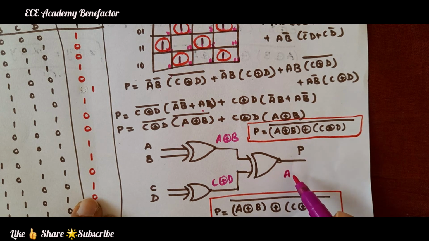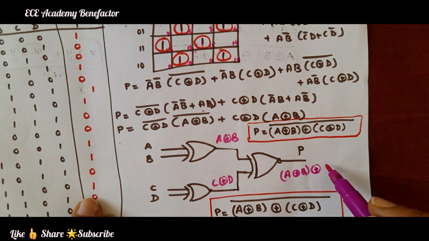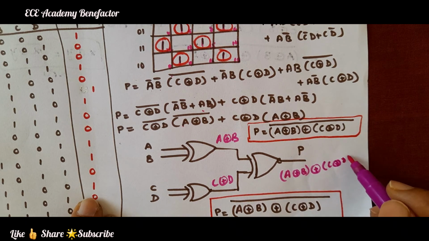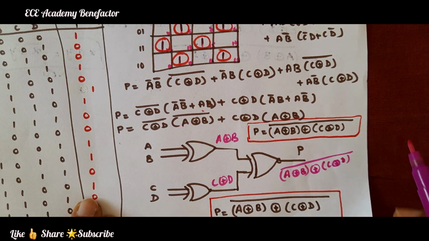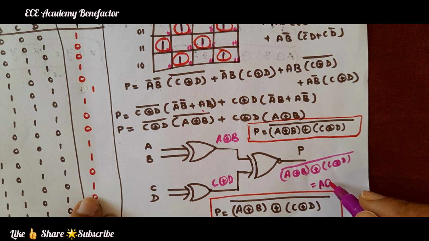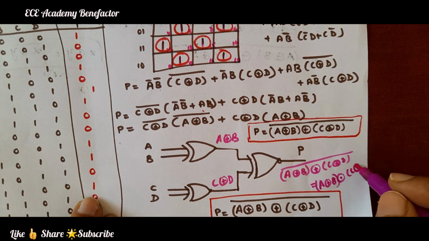So the output of parity will be A XOR B XOR C XOR D the whole bar, which is equal to A XOR B XNOR C XOR D.